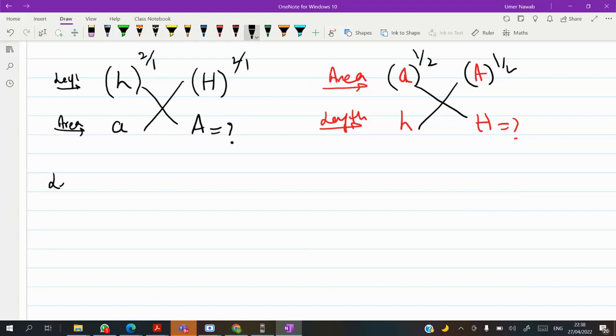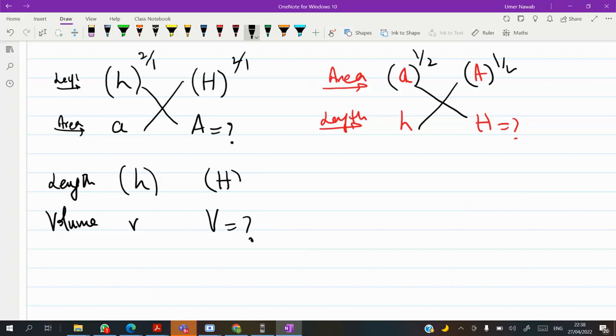If he gives you the length and you want to find the volume, let me write it here. If you want to find a volume, then I will write here 3 over 1, 3 over 1.